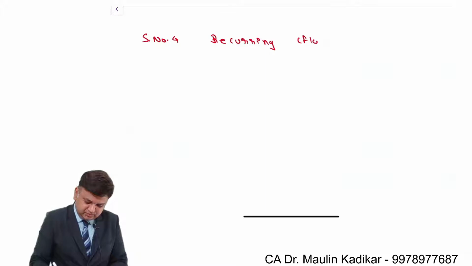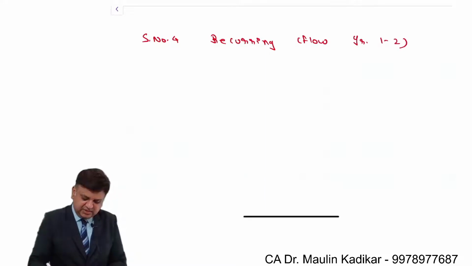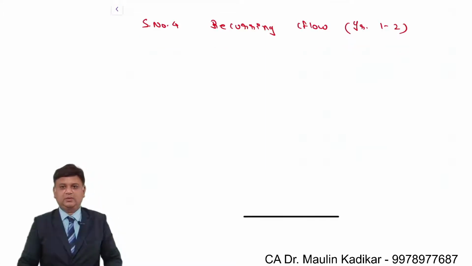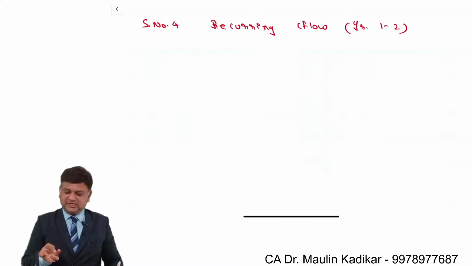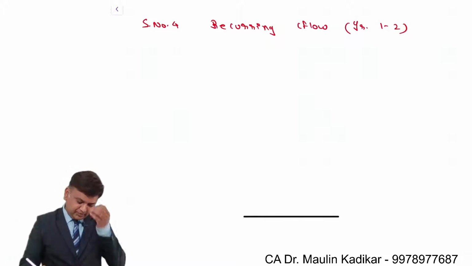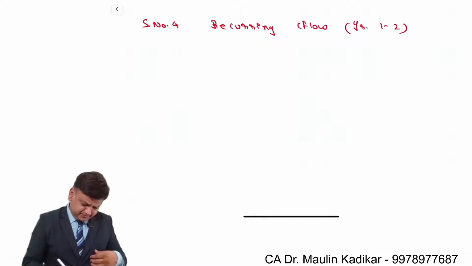Recurring cash flow for first year and second year. Friends, over here we can see that's the sales value, cost, and the cash operating cost. All of them are subject to inflation. So I'm doing answer like this.